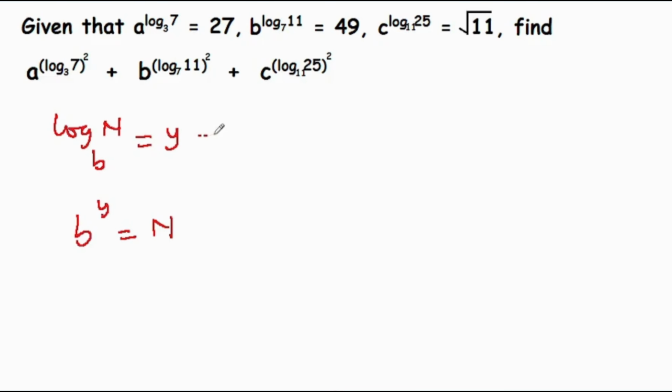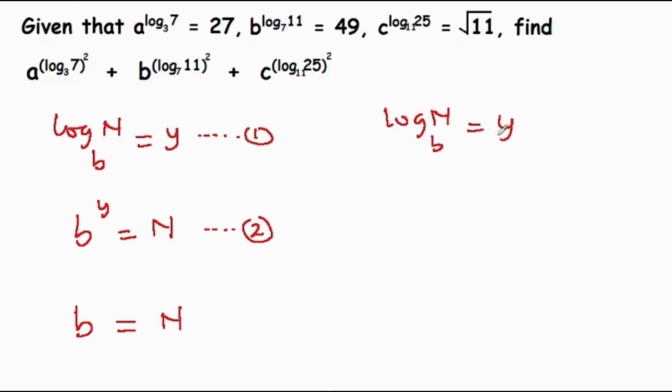So let's take this as equation 1 and let's take this as equation 2. So here's the property of logarithm that we are going to use to solve this question. Let's rewrite equation 2 without the power: b^y is equals to n. And let's go back to equation 1. If you look at equation 1, we have log n base b is equals to y. We can rewrite it as y is equals to log n base b.